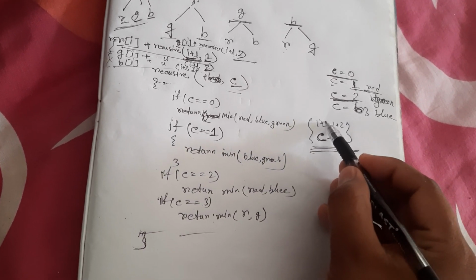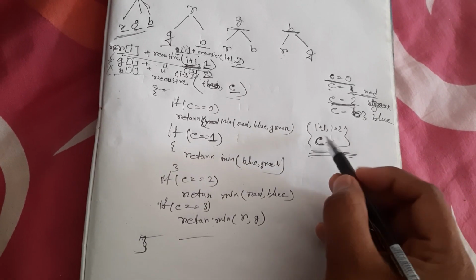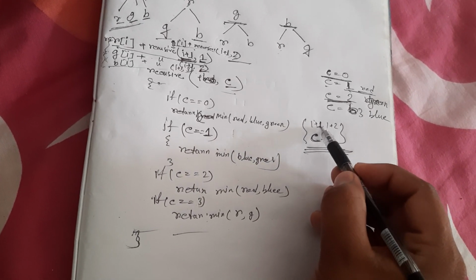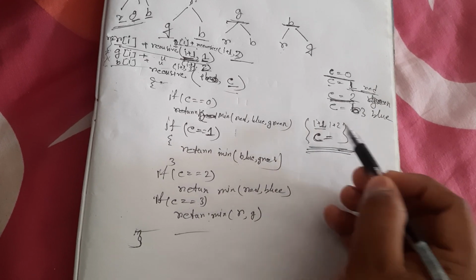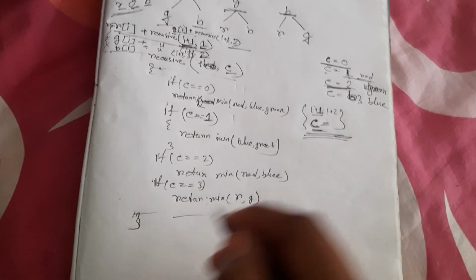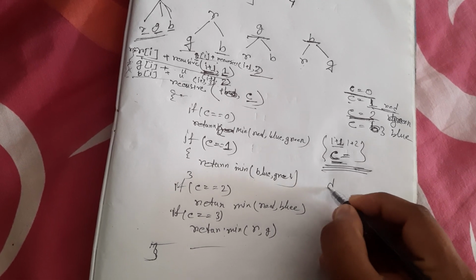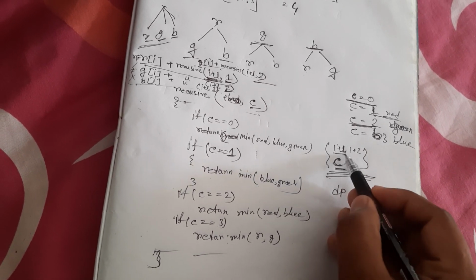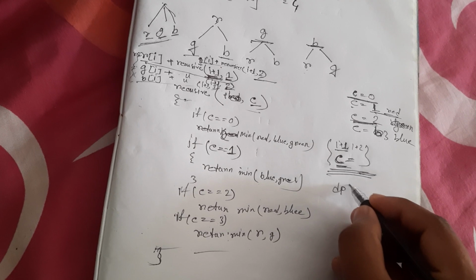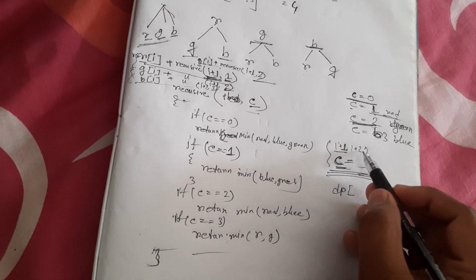So you need to consider which parameter values are changing. I is changing and C is changing. So for I and C, you need to create a 2D DP.